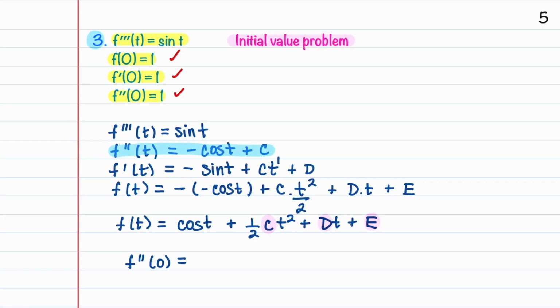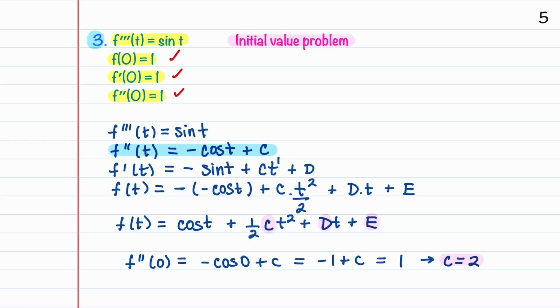We are looking right here. If we let t be equal to 0, we get minus cosine 0 plus c. Cosine of 0 is 1, so this is minus 1 plus c, and we set it equal to 1 because that's what we were given in our original problem. And this tells us that c is equal to 2.